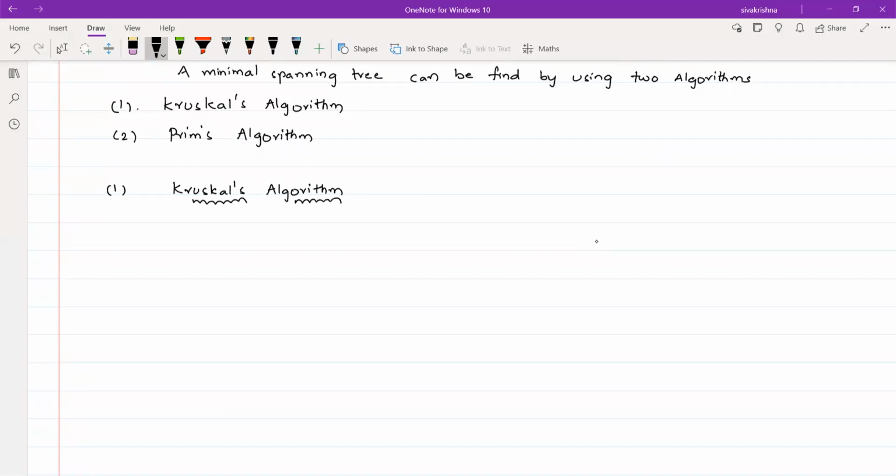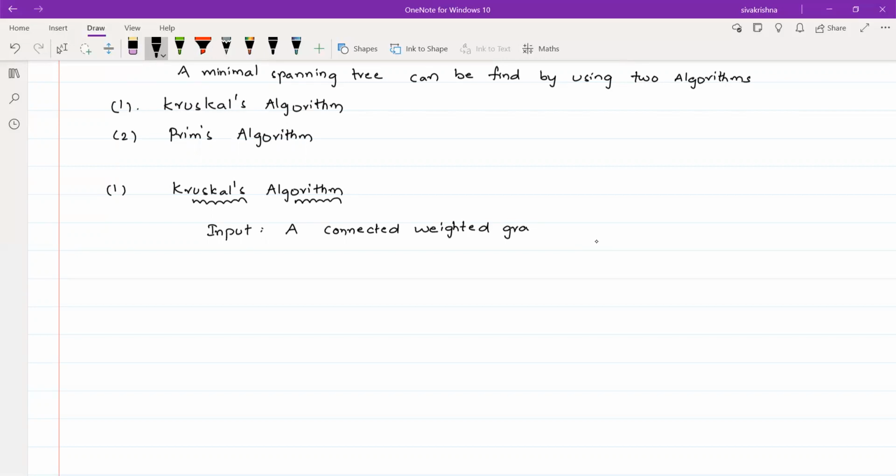So what is the input and what is the output for this algorithm? Here the input is a connected weighted graph. A connected weighted graph means there must be a non-negative number assigned for each and every edge in that connected graph.